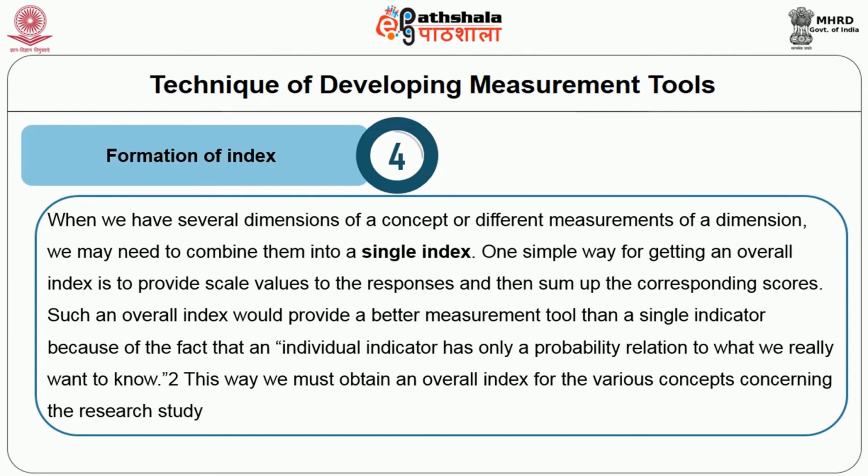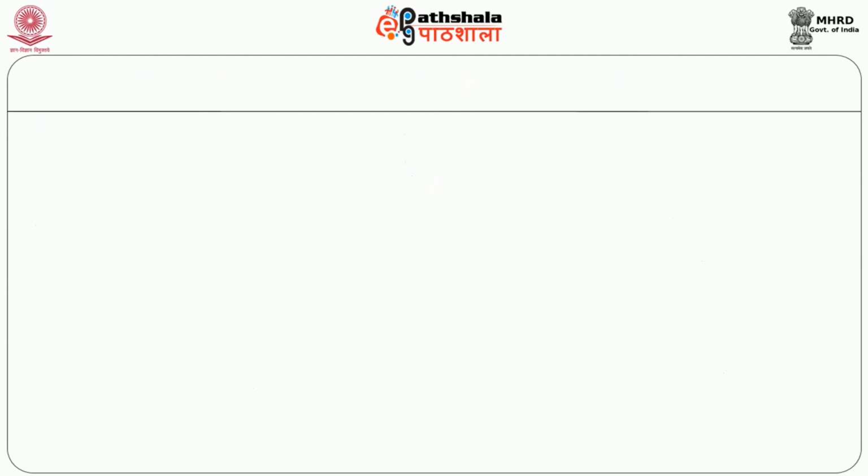Such an overall index would provide a better measurement tool than a single indicator, because of the fact that an individual indicator has only a probability relation to what we really want to know. This way, we must obtain an overall index for the various concepts concerning the research study.